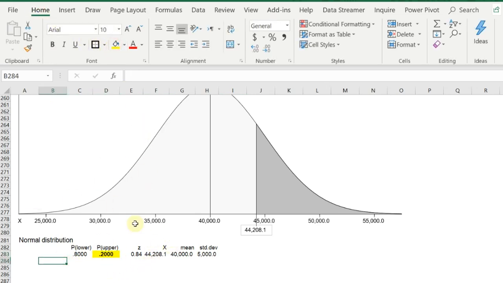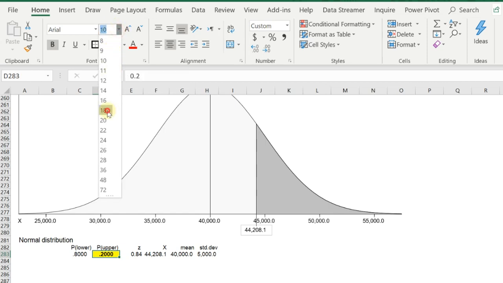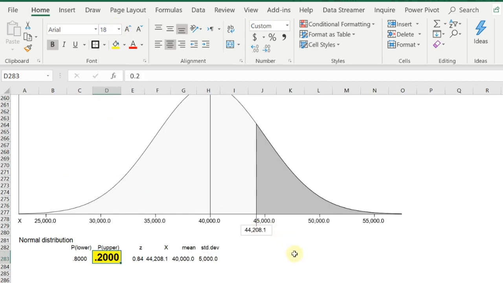Remember, once the output is done, you're in an Excel environment. You can do anything with these. You can change the fonts, you can move it, copy, use it in a formula, what have you. If you want, for example, make a bigger font, there. And the number that we're looking for is this number.